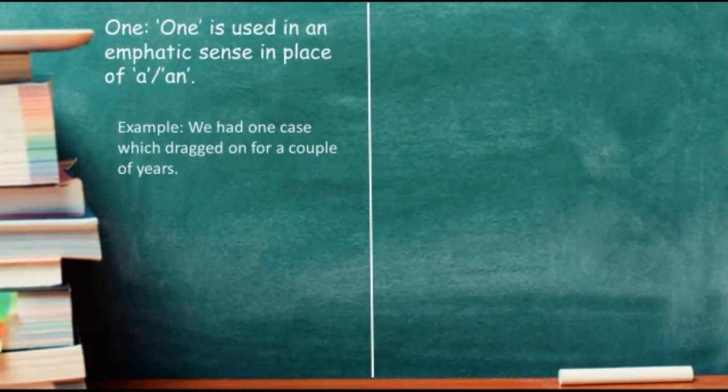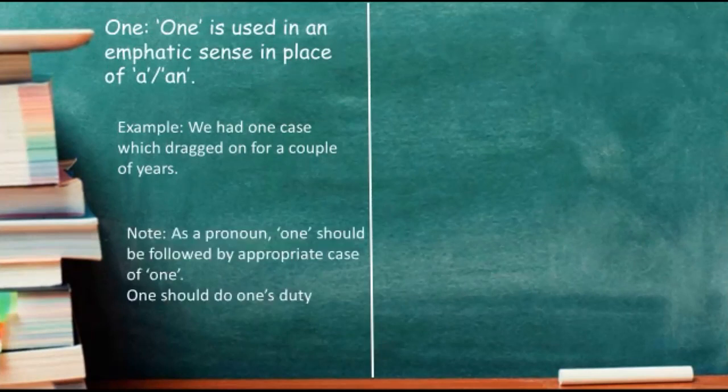Next determiner is one. One is used in an emphatic sense in place of a or an. For example, we had one case which dragged on for a couple of years. So instead of the articles a or an, we used one.